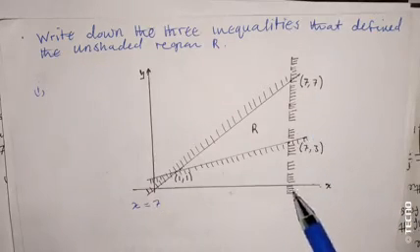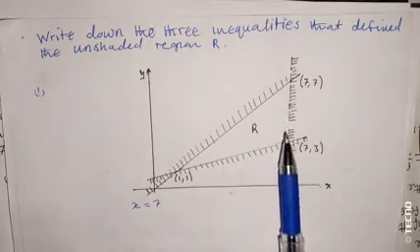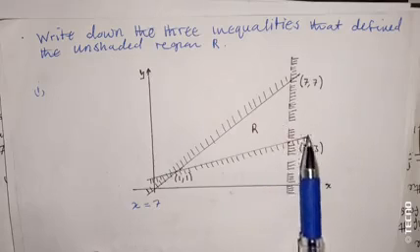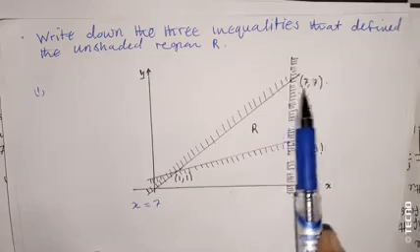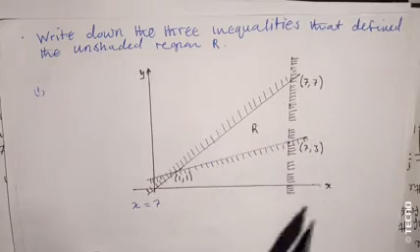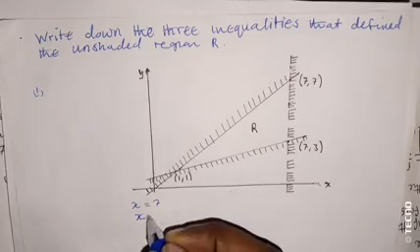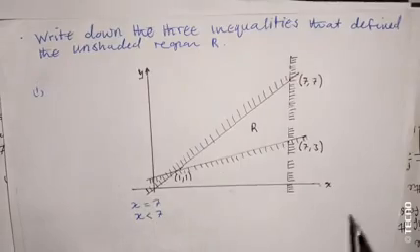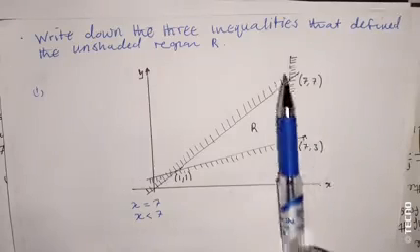To describe the unshaded part, remember that here we shaded the unwanted region. Since the shading is on this side, and what you want is this side, our x is less than 7, because what you are shading are the greater values of x.